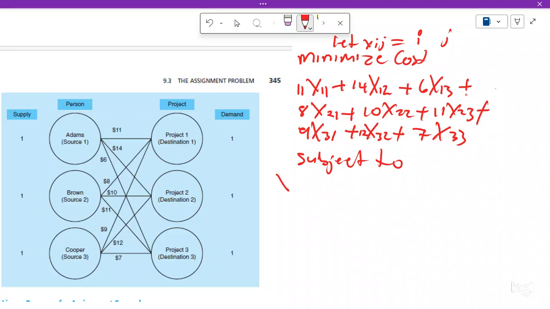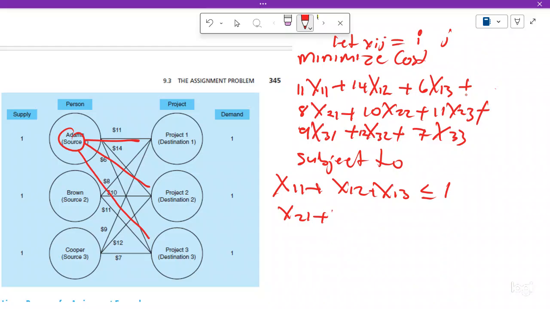Also, you need to be less than or equal to when it comes to resource. That function doesn't change. x12, x13, greater or equal to 1. So x11, x12, x13, x21 plus x22 plus x23, and x31 plus x32 plus x33.